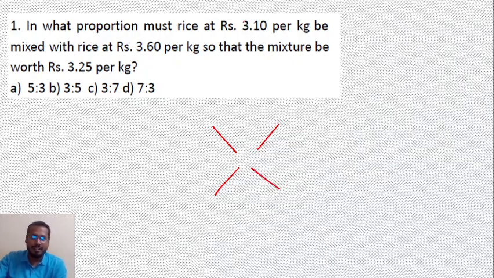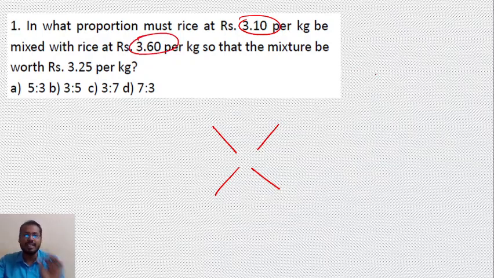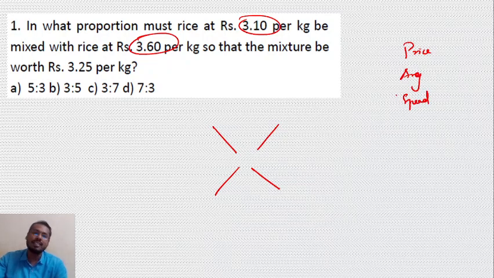So the first thing is price, average, speed, all these things should be taken at the top of the diagram. That means price per kg, per liter, and average, like 50 kg is the average, or 25 is the average age, and speed 60 kilometers per hour.